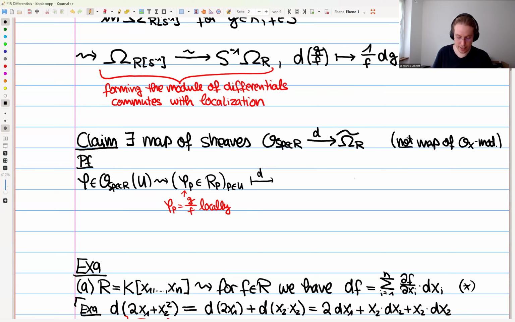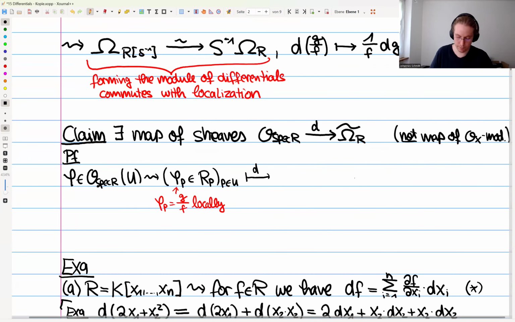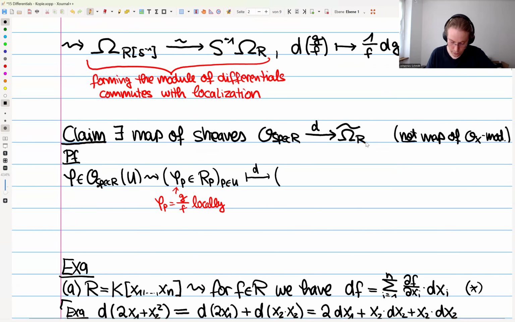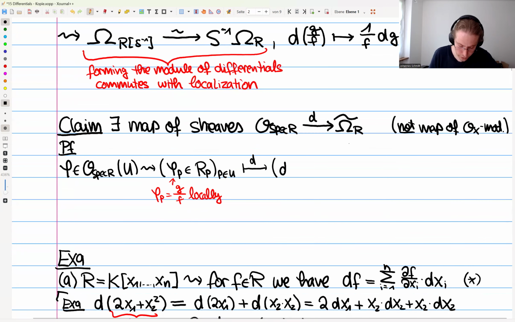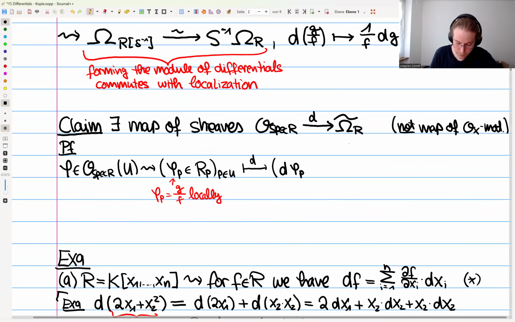And then, where could you send this under this map d? This map d sends it to a section of this tilde sheaf, but this tilde sheaf is just a collection of elements in the localizations of these modules fitting together nicely. And so what you can do is take d of this symbol.